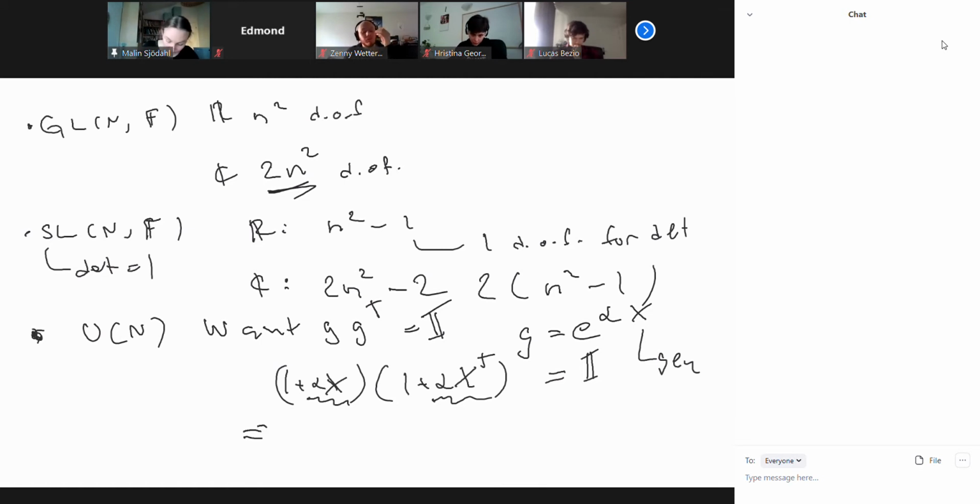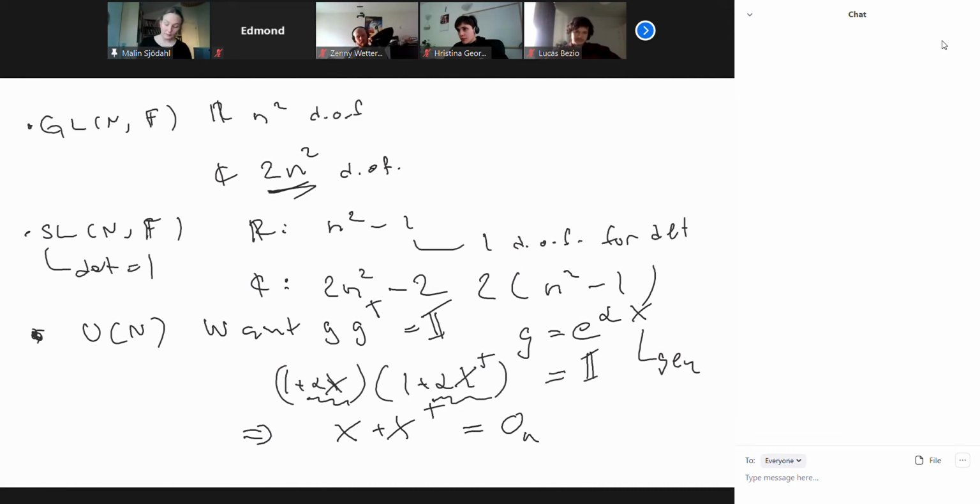So I get that x plus x dagger must be 0, or the 0 n times n matrix if you want. So we have that the generators are anti-Hermitian. I remind you that with the physicist convention, if we would have an i up here in the exponent, we would have Hermitian generators. Without the i, we have anti-Hermitian generators.